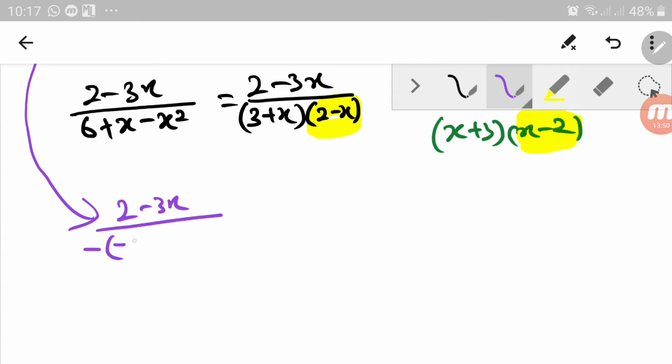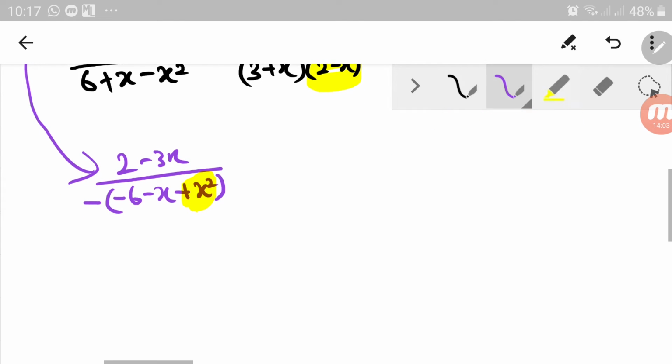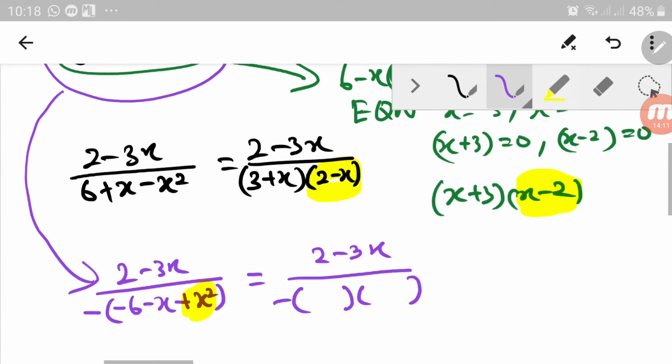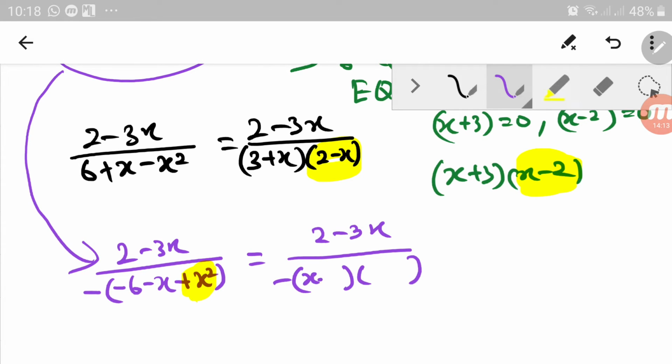Okay, so what you will have is minus 6 minus x plus x square. You see over here it is positive already. Okay, now from here you can use your EQN. 2 minus 3x, and then you use your beloved EQN some more, right? So you get x plus 3, x minus 2.